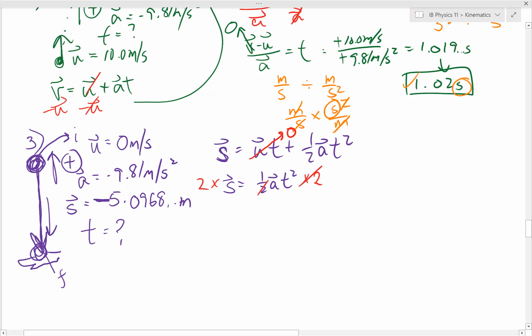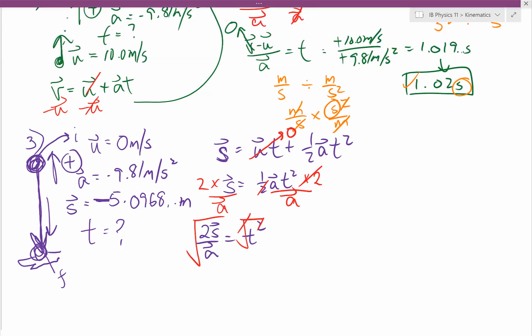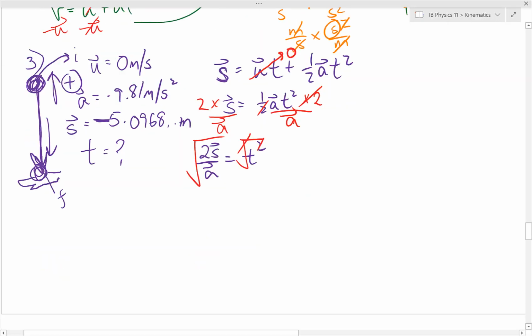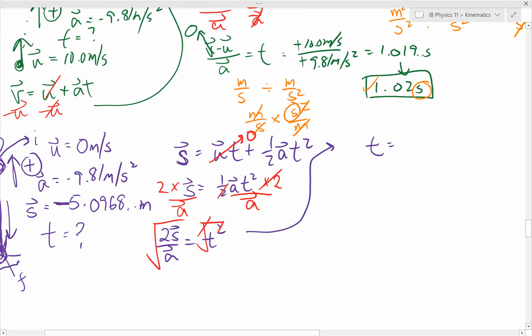The 2 here cancels out, and also dividing both sides by a. I'm going to group these into one step. The last thing that I need to do is just take the square root of both sides to isolate for t. I get t is equal to the square root of 2 times negative 5.09 meters, I have it saved on the calculator, so I won't be minding that, divided by negative 9.81 meters per second squared.